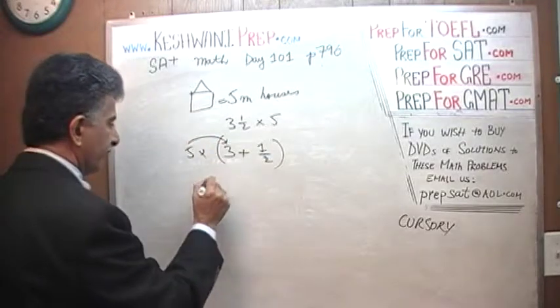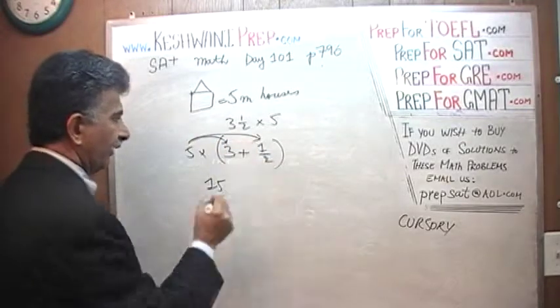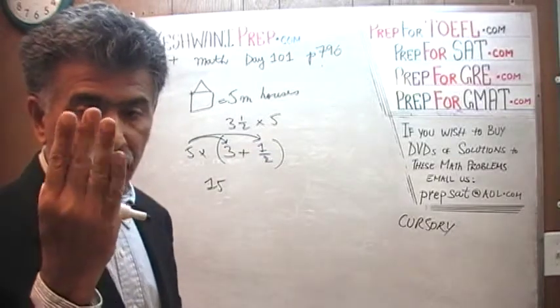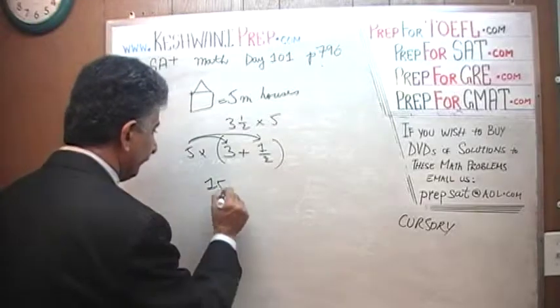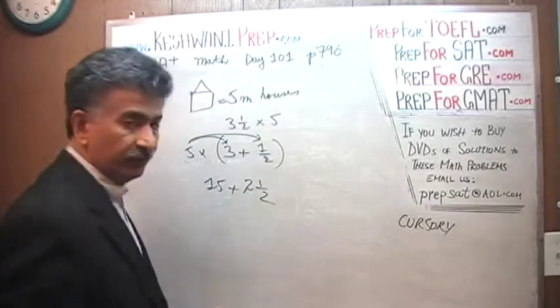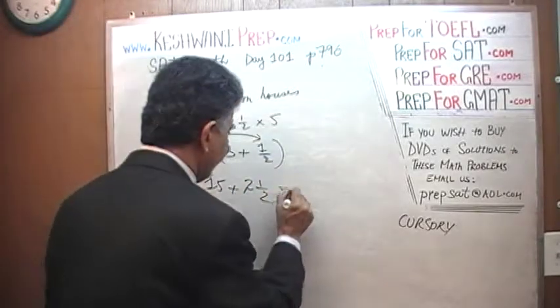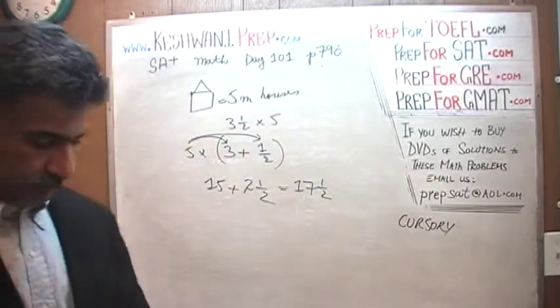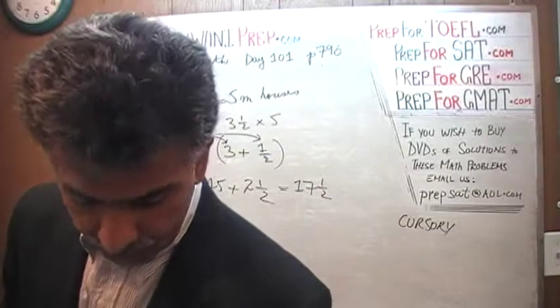That's 3 times 5, which is 15, and 5 times half, 5 halves. Well, 2 halves make 1, other 2 halves are going to make 2, so it's 2.5. So 15 plus 2.5 is 17.5. That's all. The answer is 17.5, which is D.